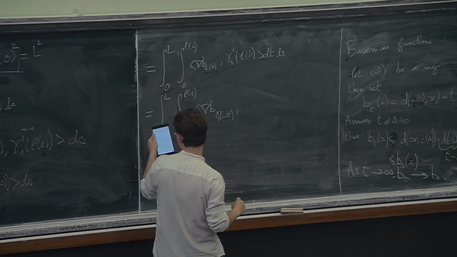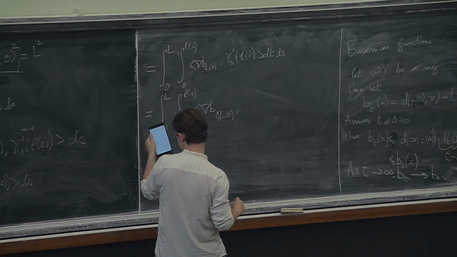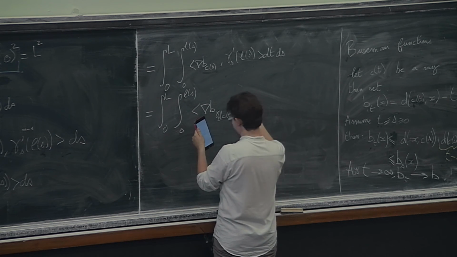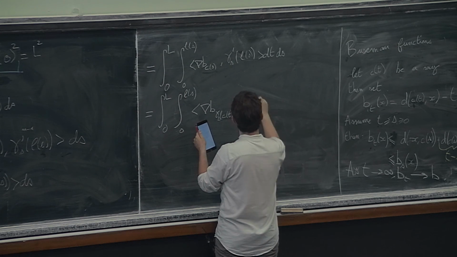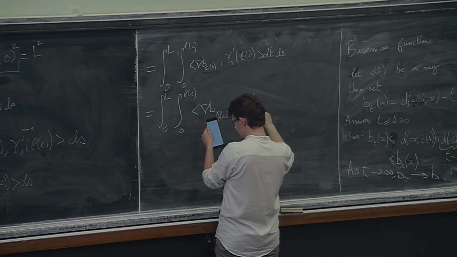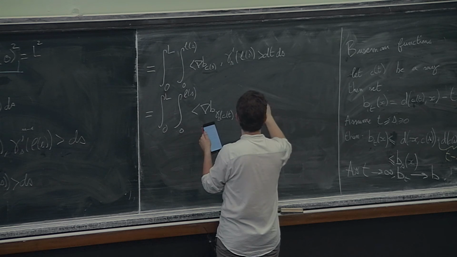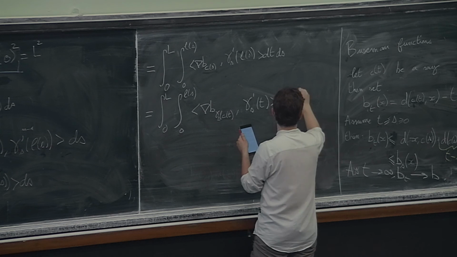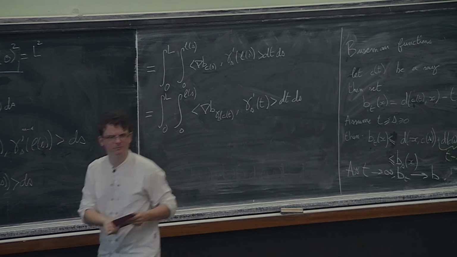Okay? And then I replace that by gamma prime S of t dt ds. Why is that so?